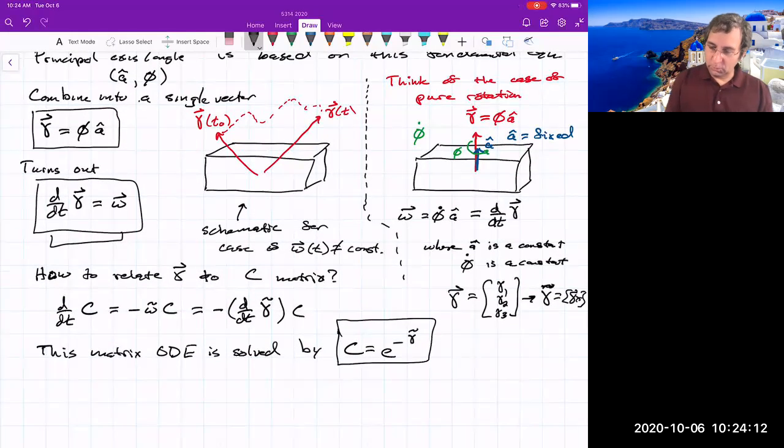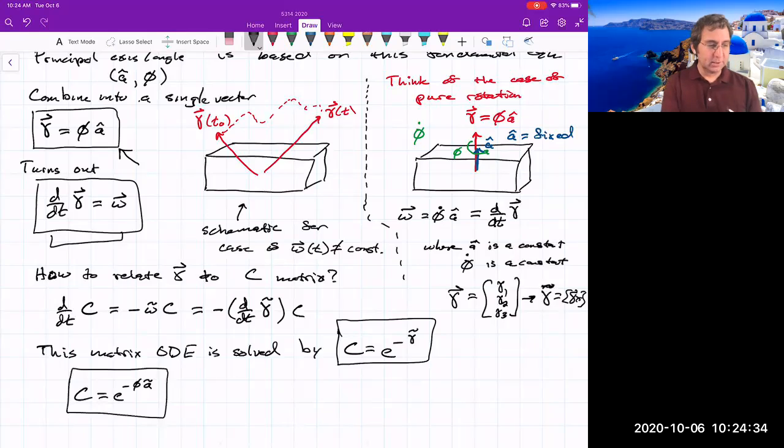So this just means C equals, going back to up here, the exponential of minus the principal angle and the principal axis, but now written as this 3 by 3 matrix.